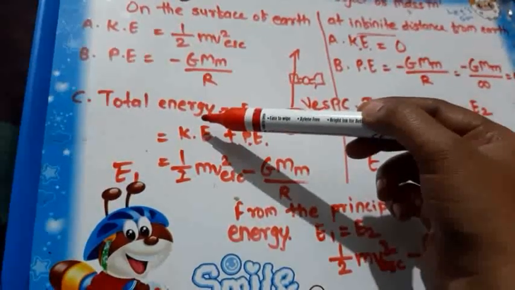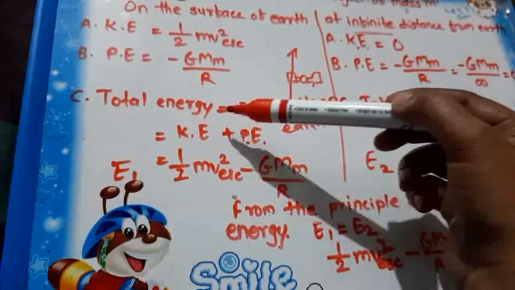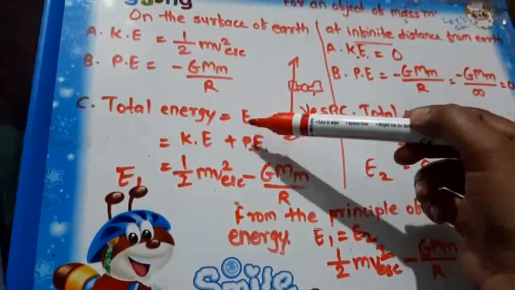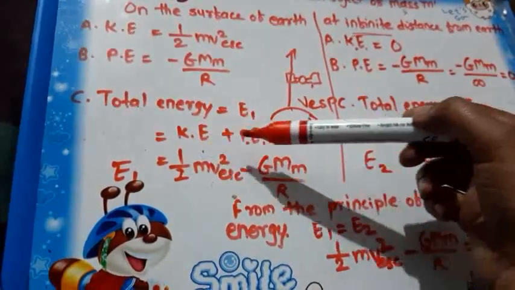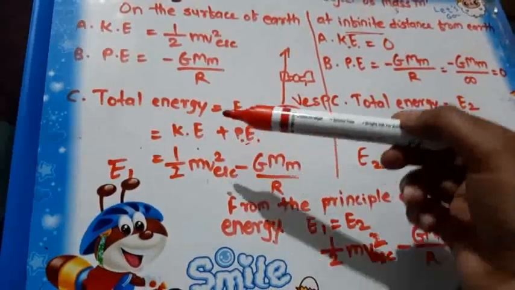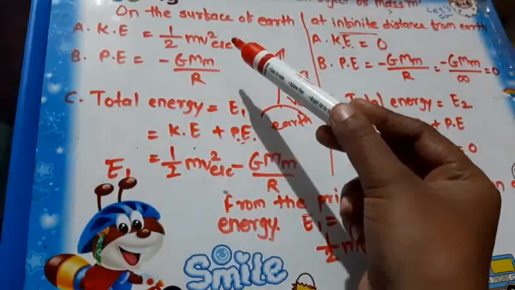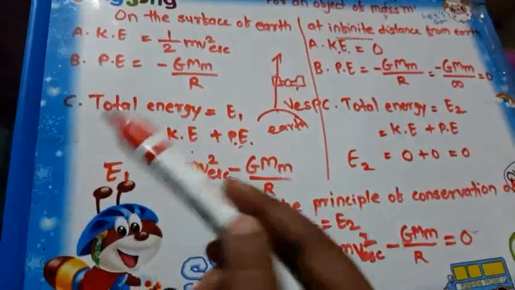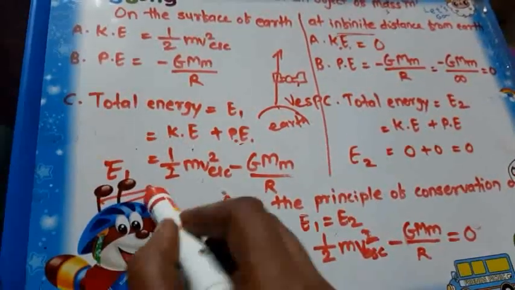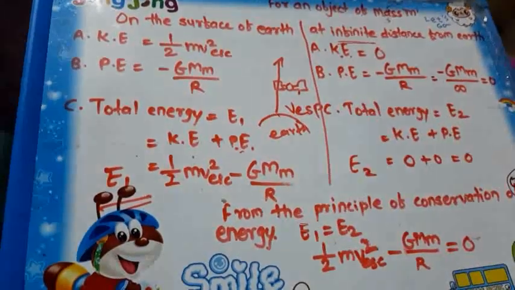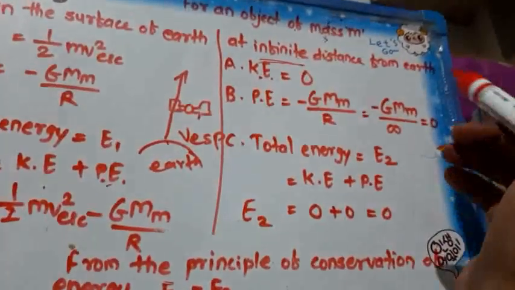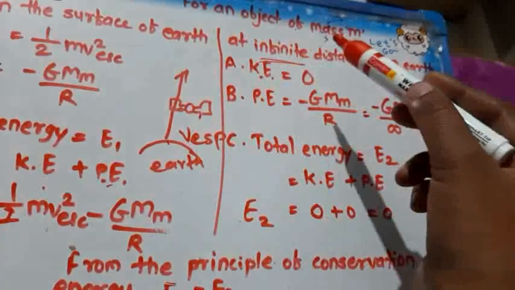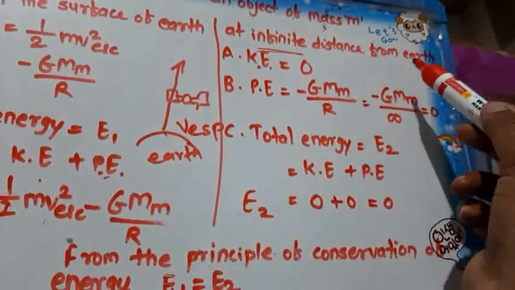So total energy contained in that object is, suppose E1, that will be addition of kinetic energy and potential energy. So just add these two, first and second, we will get this. So this is the energy E1 when the object is on the surface of earth. Now second, when the object is at infinite distance from the earth.